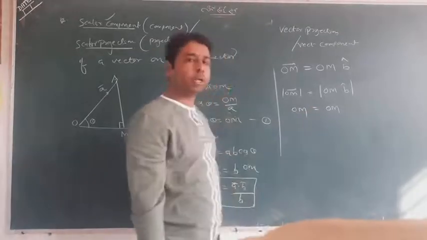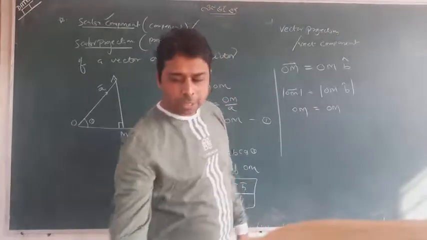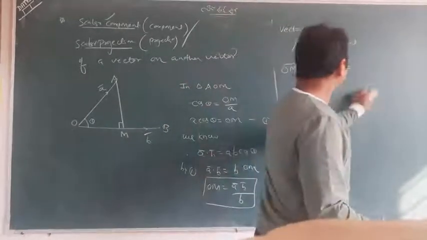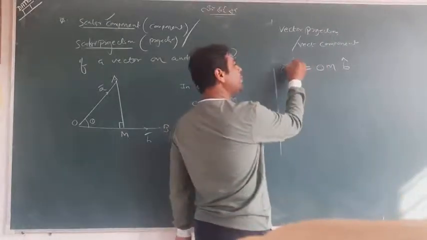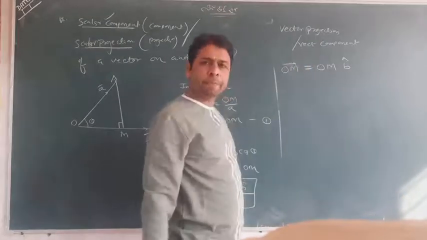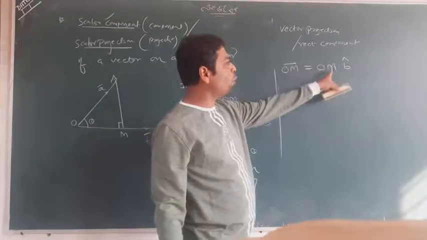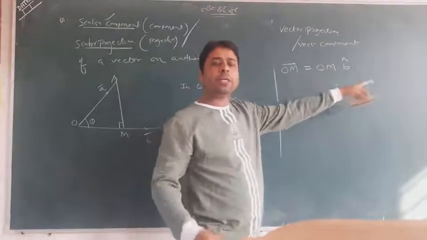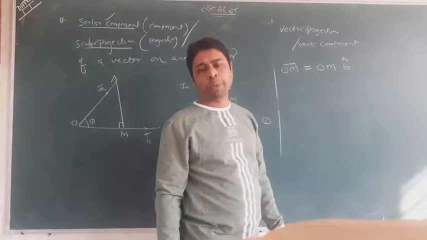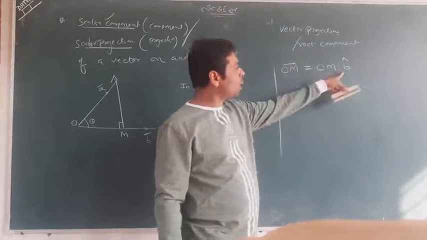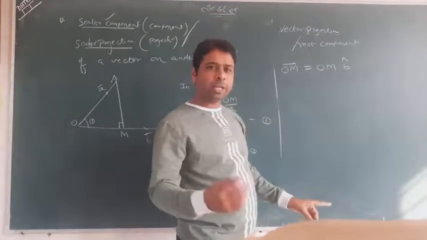I want to draw your attention to this particular vector: it is none other than OM along with the unit vector along OM. So this vector and this vector are the same.